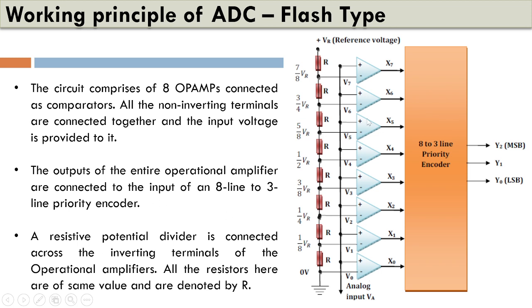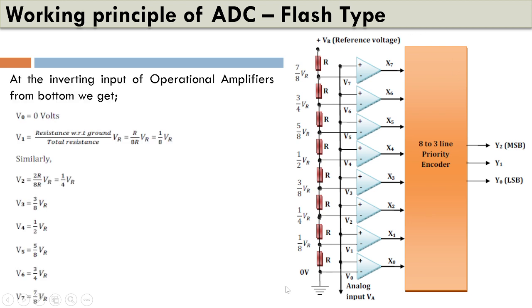The outputs of the 8 operational amplifiers are connected to the inputs of the priority encoder, and we have the resistors which make the potential divider. Now let's see how we get 1 by 8, 1 by 4, 3 by 8, this sort of voltage division at the nodes.